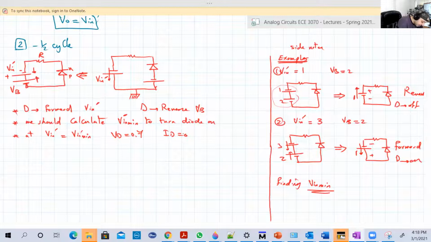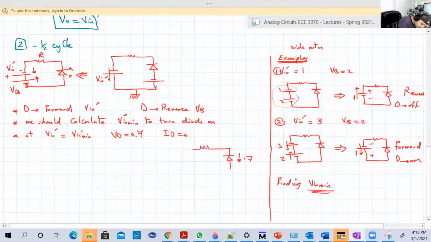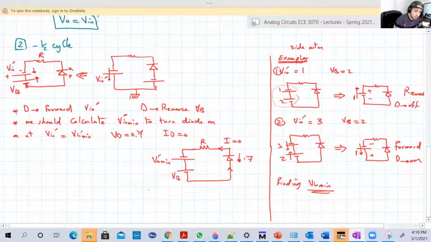So let's put the circuit here in that condition. This guy will have 0.7 in that direction. Here a resistor, and here is our Vn dash minimum, and here is Vb. Okay. So remember the current is 0, so the current here is 0.